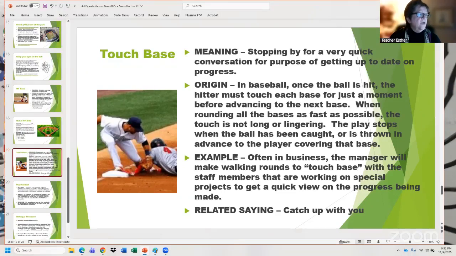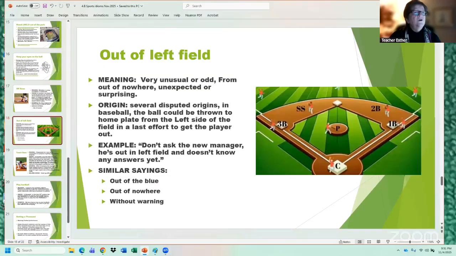I'll just go back to the diagram for a second. Here we go. So there's a player covering first base. The player covering second base a lot of times is trying to get somebody else out, so he runs over here. The third baseman is right on top of that one. The shortstop, who is right here, can cover here, cover there, go back out here.